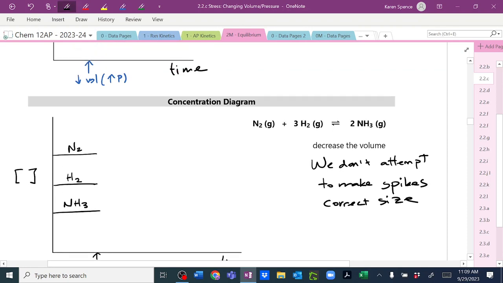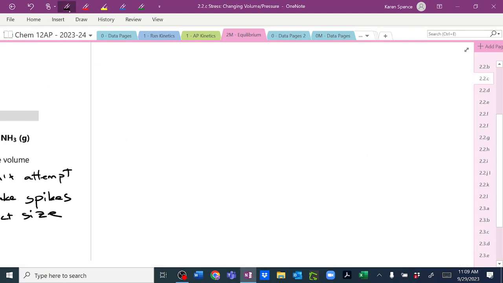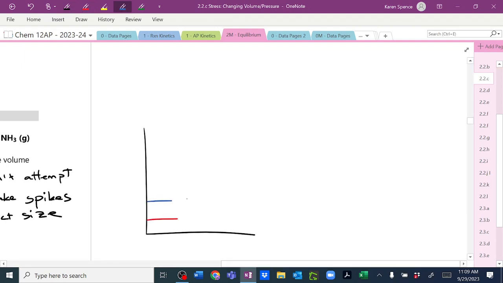So if I was to really show what it would look like, actually, let's make them all different colors. If I halve the volume, that means that everybody's going to double.